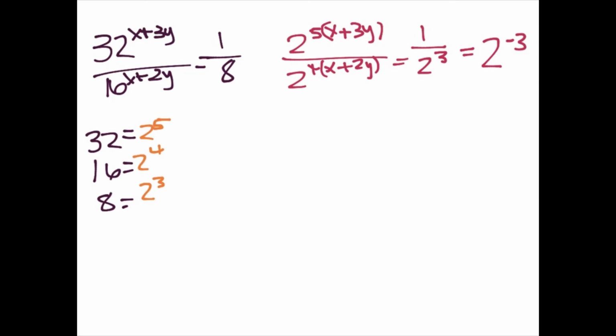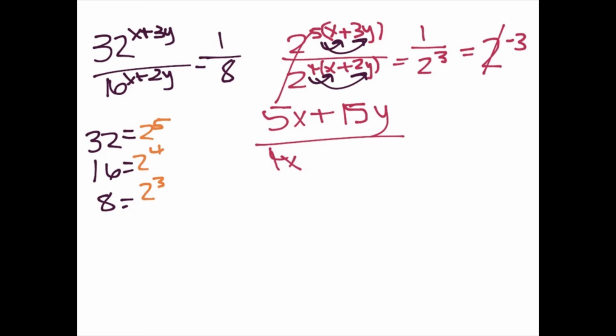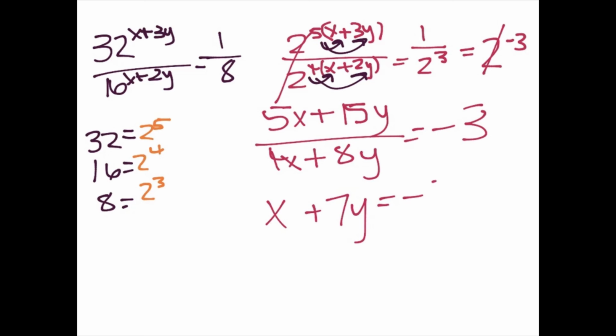And since we have 2's common, we can cancel them out and use distributive property to get 5x plus 15y over 4x plus 8y equals negative 3. And now we just subtract, so we'll get x plus 7y is equal to negative 3.